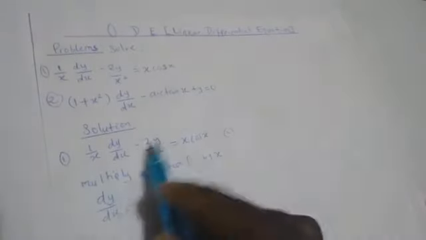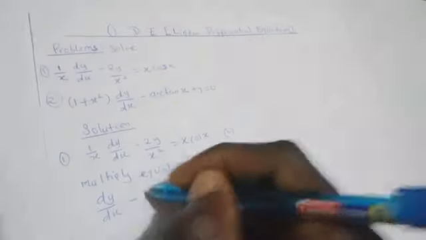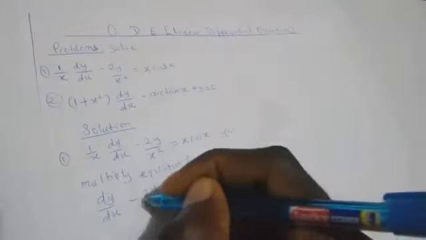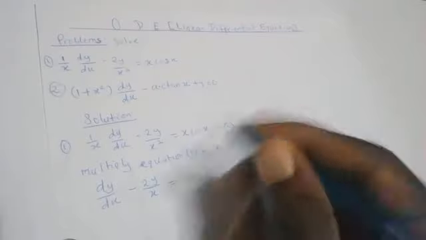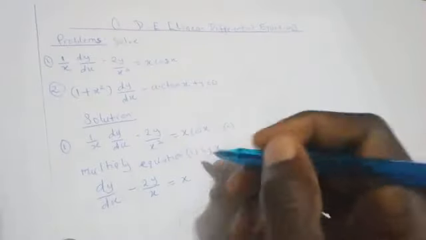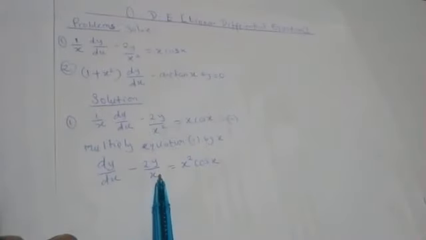Now minus x times 2y/x squared gives negative 2y/x. Again, x times x cosine of x gives x squared cosine of x. Now you can see that this has become a linear differential equation.